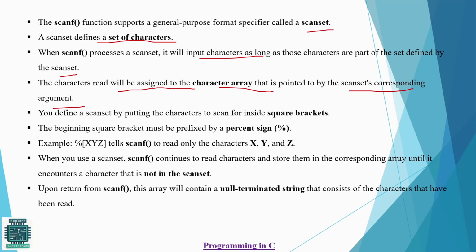Here you can see the example also. Here, at the beginning, before starting the square brackets, we are adding the percentage sign. That's what I gave in the previous point: the bracket must be prefixed by a percentage sign. It tells scanf to read only the characters X, Y, and Z.